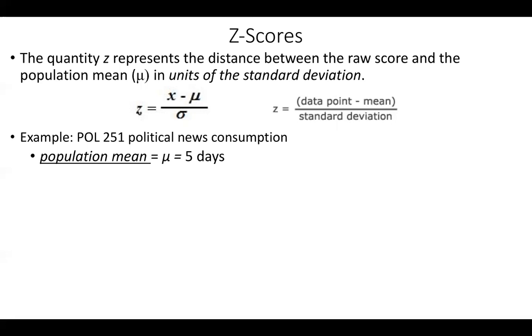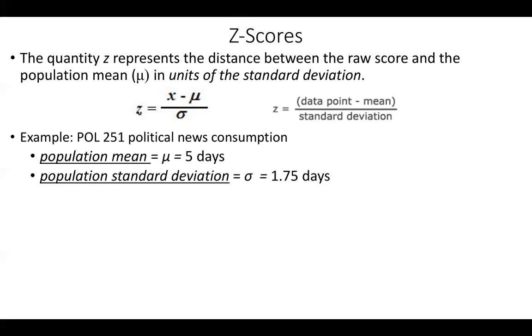I'm going to say that the data that I have from the class is that of the full population of 251 students. And in the previous slides, I said that the mean was 4.94. I'm just going to round that up to 5 for ease of math. So here we're dealing with a population mean mu of 5. 5 days a week is the mean number of days students read the news.